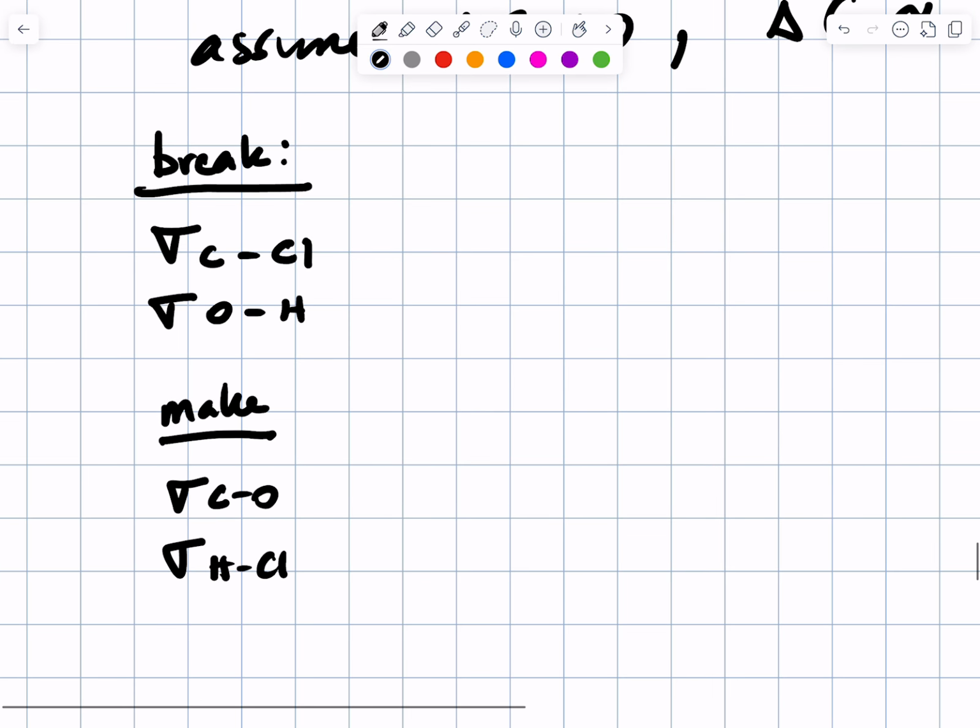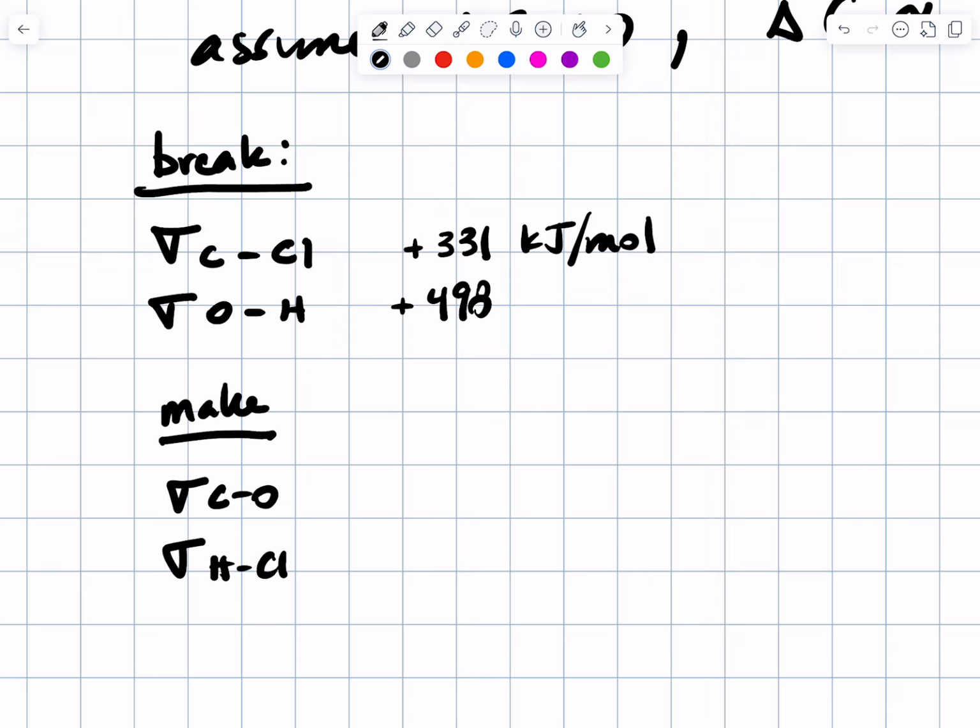If we do that, we would see, and I only have these numbers in kilojoules, so I didn't convert them to kcals, but that's fine. The carbon-chlorine bond, if we break it, that's uphill in energy by 331 kilojoules per mole. The OH bond, if we break that, that's uphill by 498 kilojoules per mole.